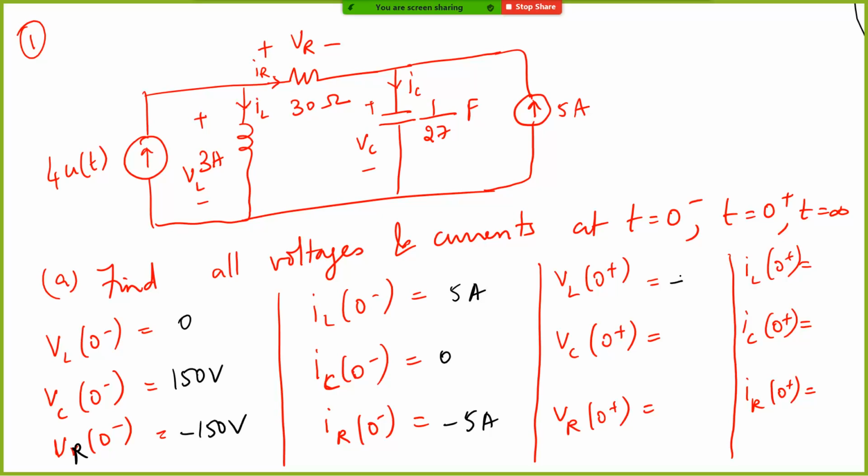Minus? So current, minus 1 amp. Yes, okay.